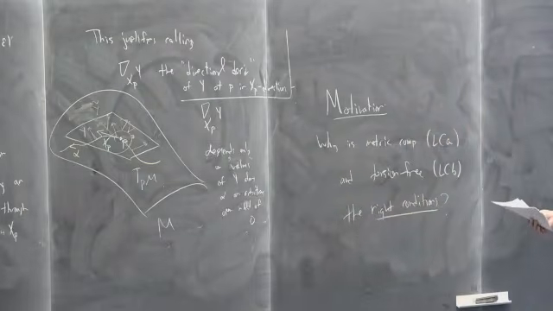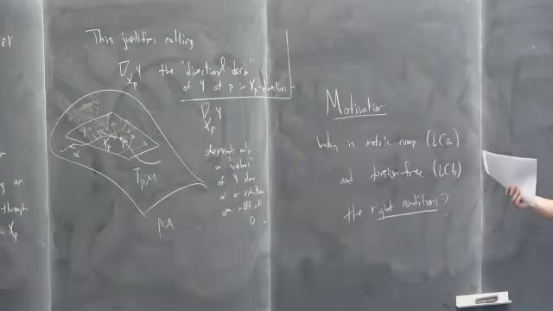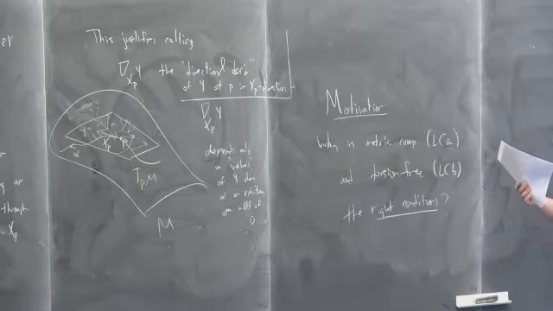Well, what's the simplest Riemannian manifold? The simplest manifold is Rn, and Rn already has a natural inner product on it. Because every tangent space in Rn is canonically isomorphic to Rn itself, we can just put that same standard Euclidean inner product everywhere.